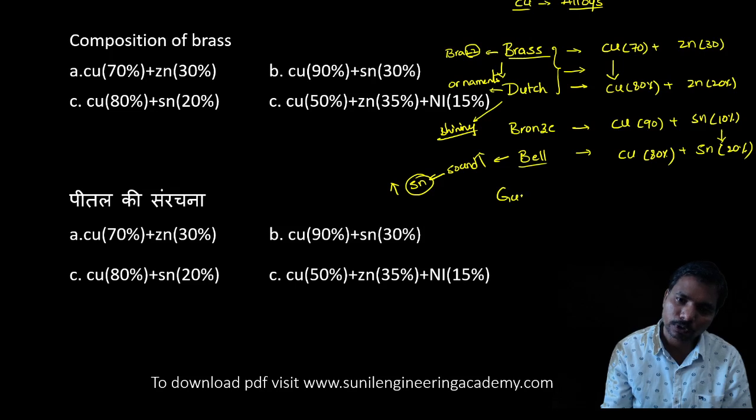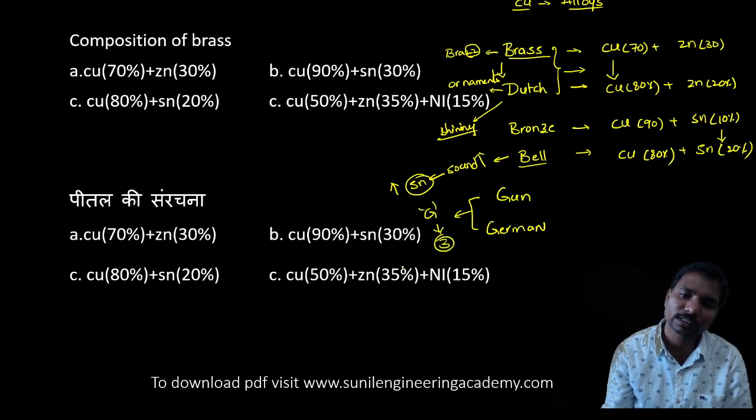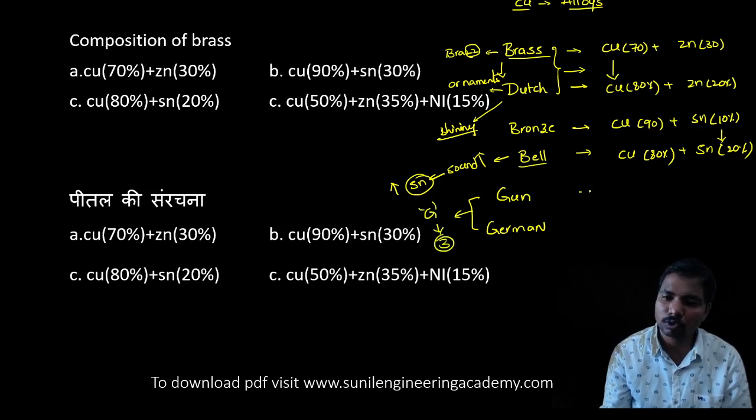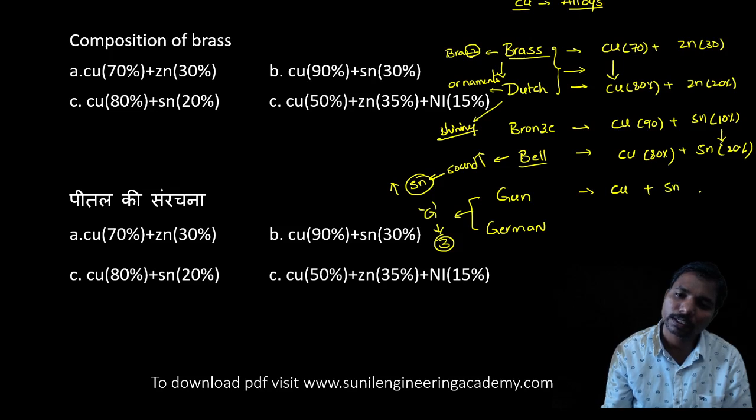Now coming to gunmetal and German silver. A small trick: if it starts with G, then it is a mixture of three elements. Gunmetal is copper plus zinc plus Sn. Here copper is nearly 88%, tin nearly 10%, zinc just 2%.